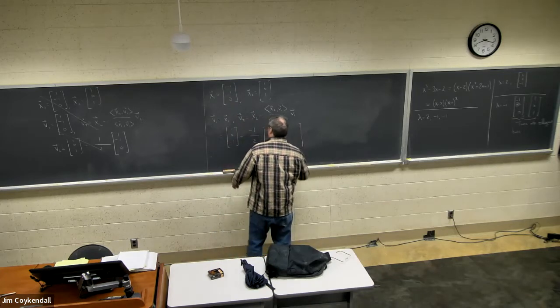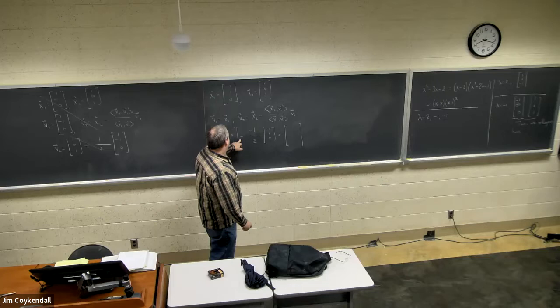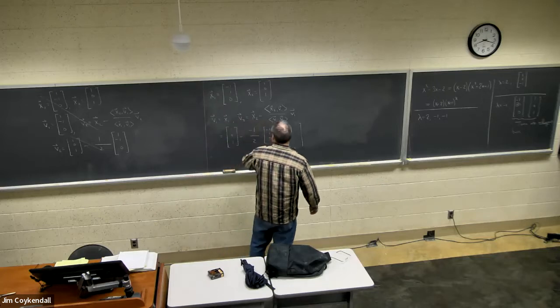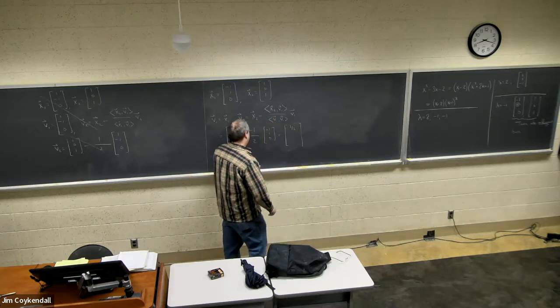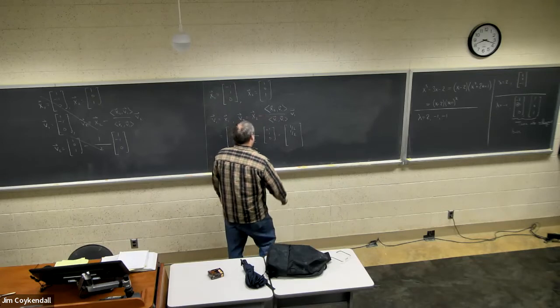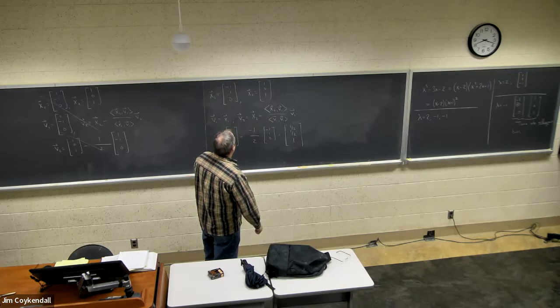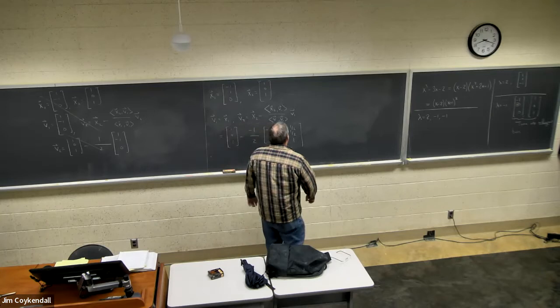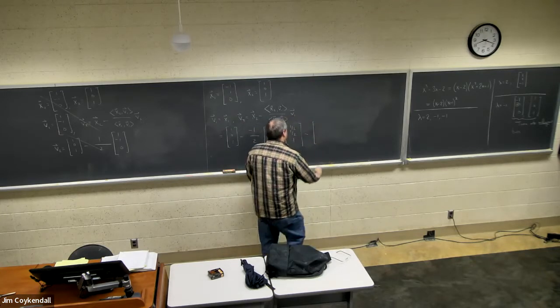So we get here 1, this will be half this, and now 0. Yeah, I was wrong.